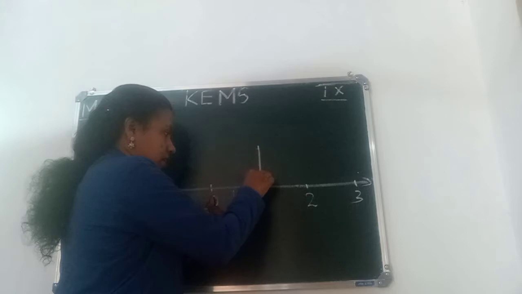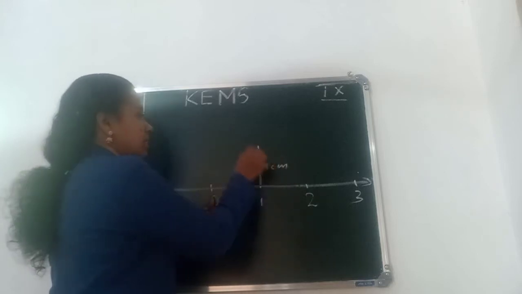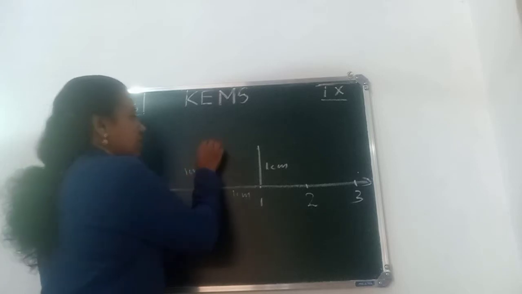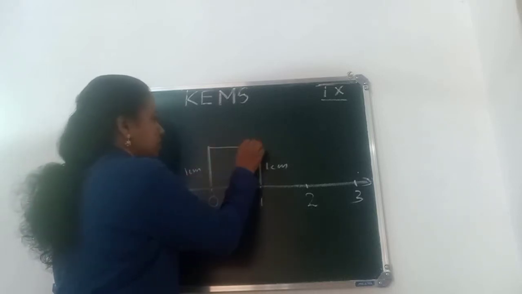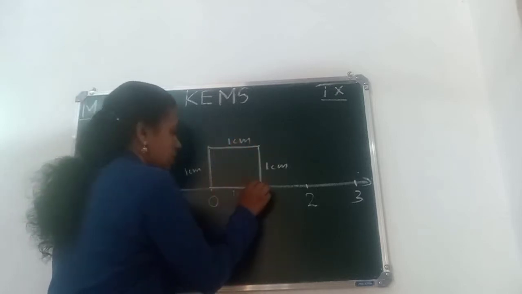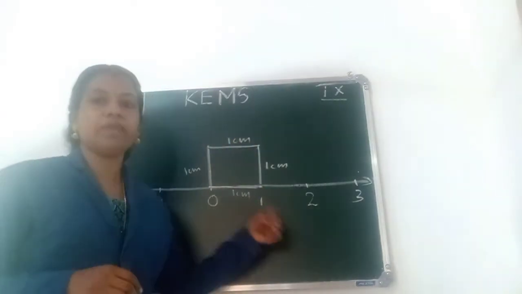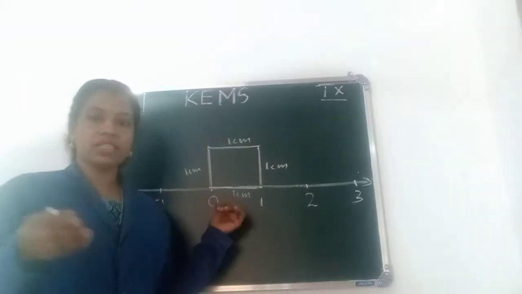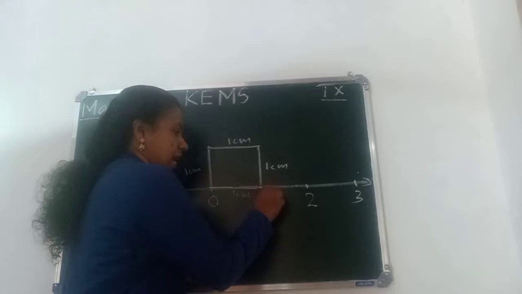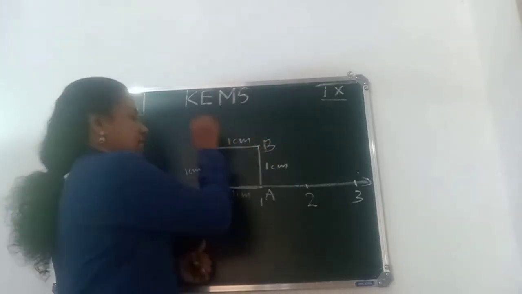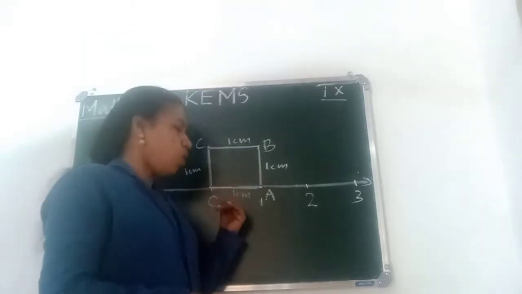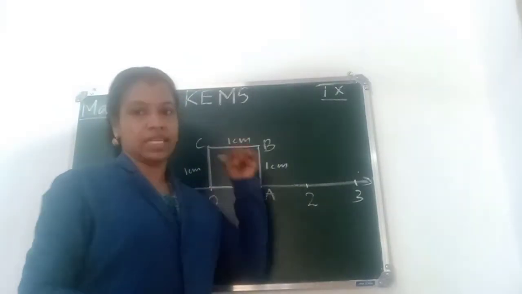So, this is 1 centimeter and here 1 centimeter. This is a unit square. Just name the unit square as O, A, B, C.